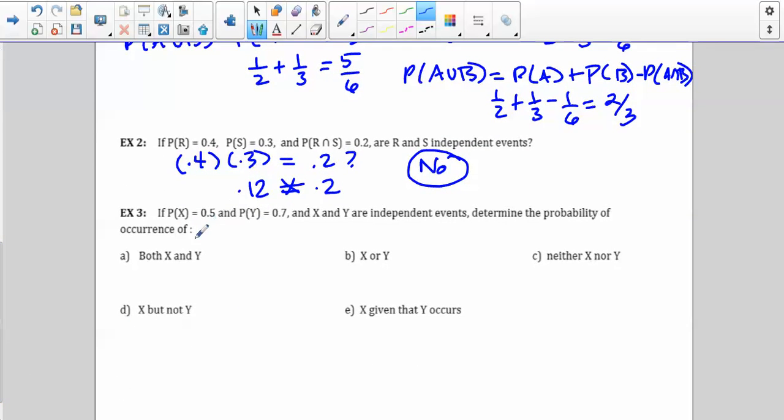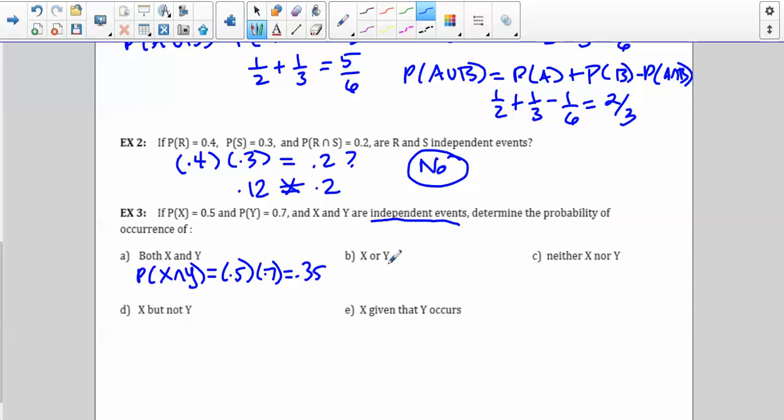Okay, in example 3 we have event X, which has a probability of 0.5, event Y has a probability of 0.7, and they are independent events. So we need to find the probability that both X and Y occur. So that will be the probability of the intersection of X and Y. And that's just going to be the product of their probabilities. 0.5 times 0.7 is 0.35.